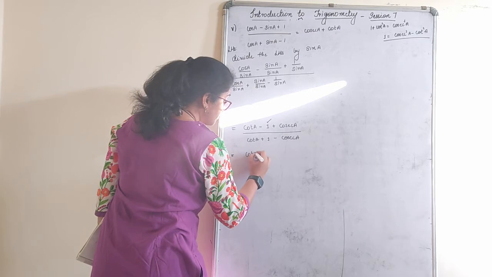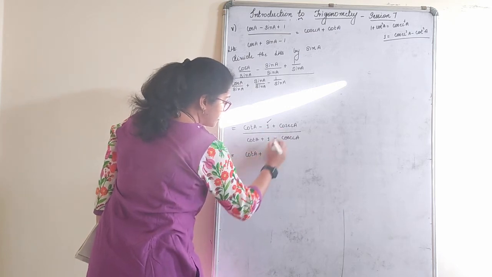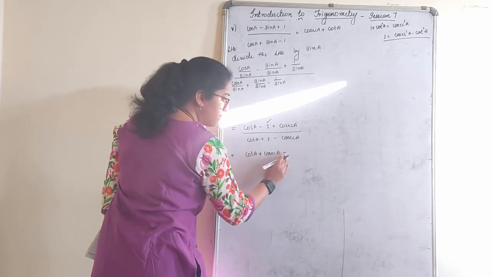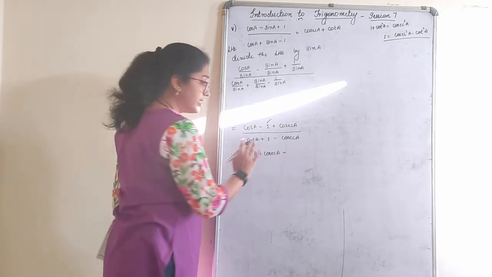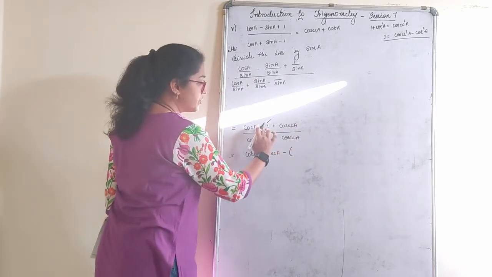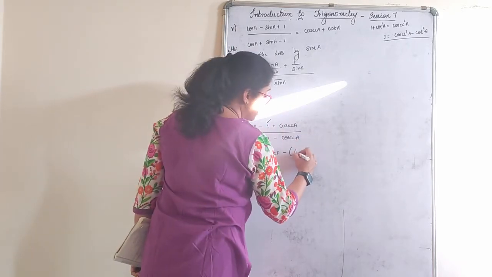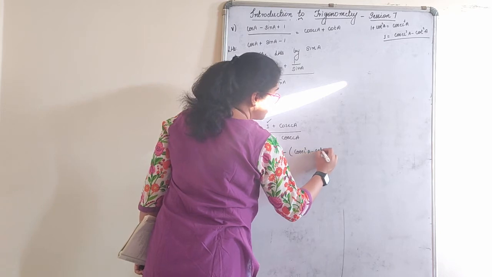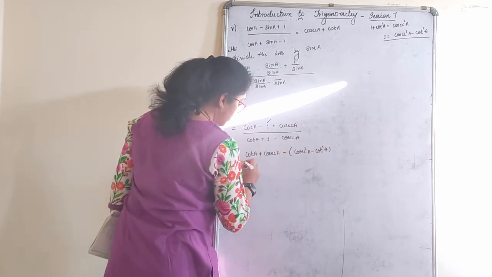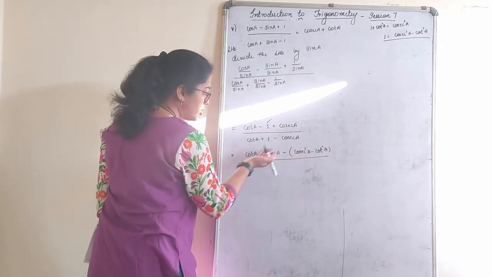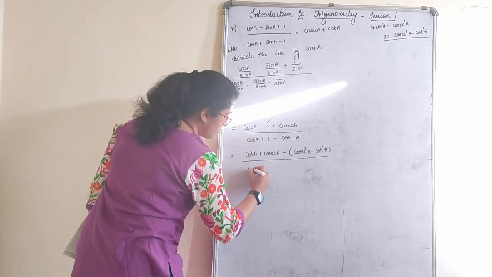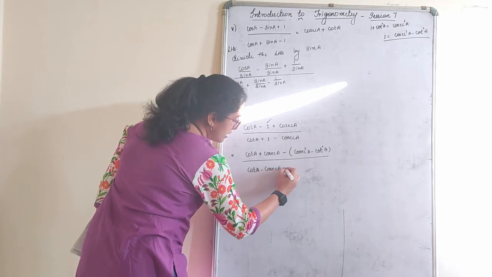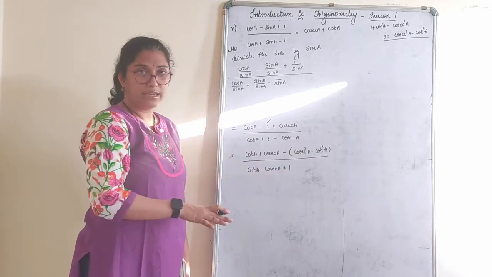Cot A, I'll write cosec A here, plus cosec A. Keep minus here only. Don't take it inside. Bracket I will use because minus sign is there. Cosec square A minus cot square A. Denominator as it is, don't change, but just write it here: cot A minus cosec A plus 1. Very clear?